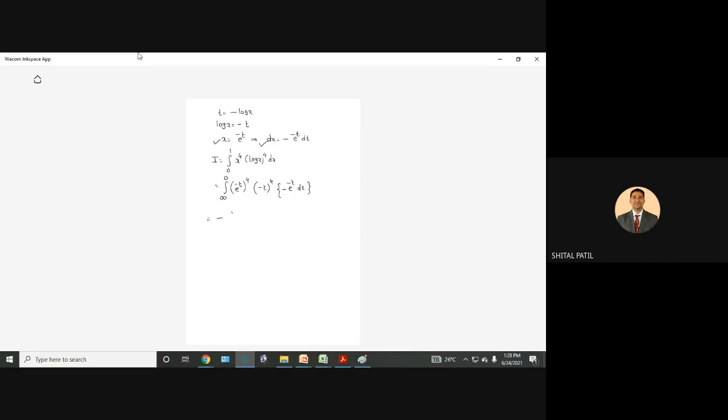Simplify: the minus sign outside, e raised to minus 4t, t raised to plus 4, e raised to minus t dt. Consider the negative sign to change the order of integration. Hope everyone knows that whenever we change the order of integration, a minus sign is to be attached.